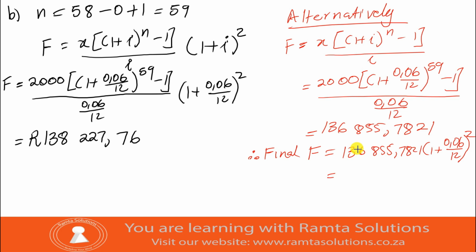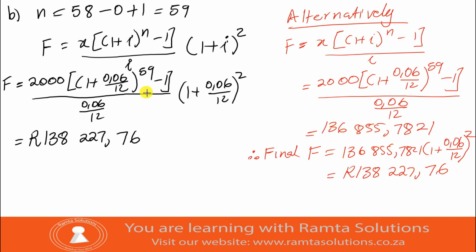This answer here is still displaying, so I'm just going to say multiplied by open bracket 1 plus 0.06 over 12 close bracket to the power 2. What am I getting? I am getting 138,227 rands and 76 cents.